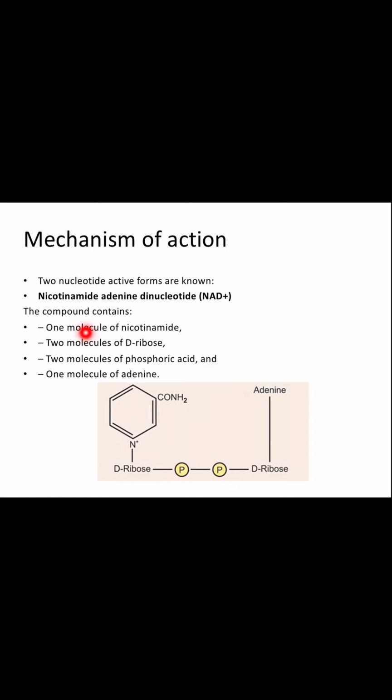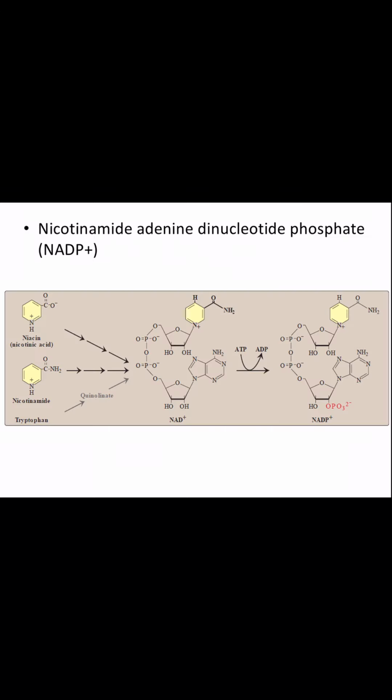So nicotinamide adenine dinucleotide, that is NAD, consists of one molecule of nicotinamide, two molecules of D-ribose, two molecules of phosphoric acid and one molecule of adenine. This is the structure by which the compound is made. We should always remember that niacin or nicotinic acid is made from an essential amino acid, tryptophan.